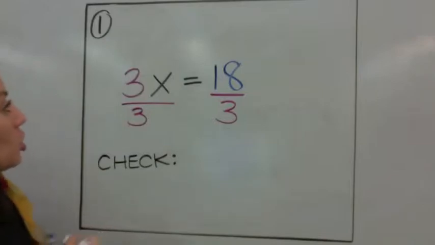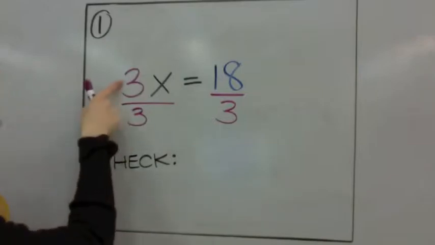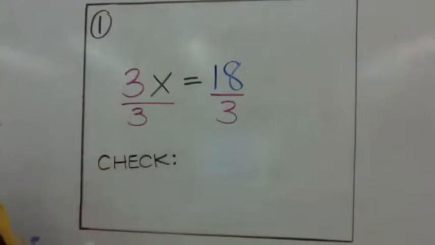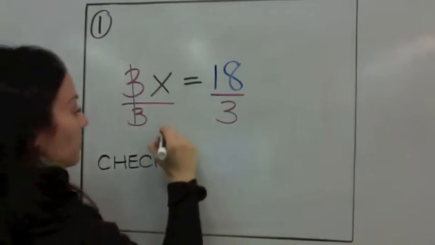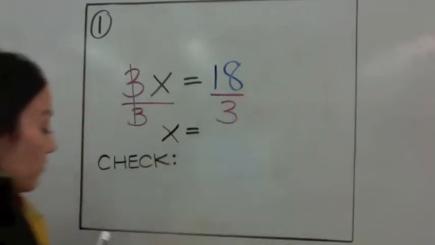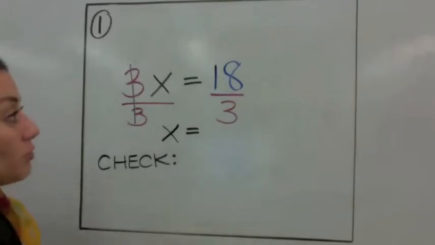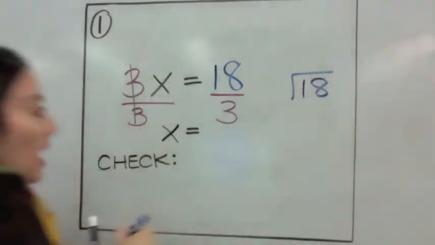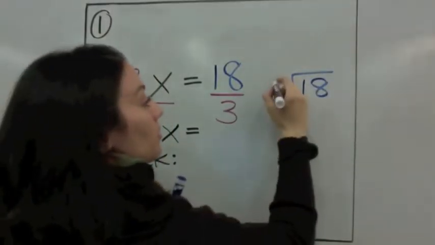All right, so now we're going to do the operations on both sides. Any number divided by itself is 1, okay? So now X can be single, she's by herself, but we need to figure out what is 18 divided by 3. So if you do long division, you put 18 inside the box, and the divisor is 3.